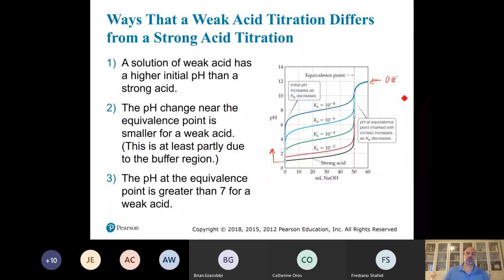So that pH change from beginning to end is going to be smaller, depending on where your starting point is. And this is talking about that central region.